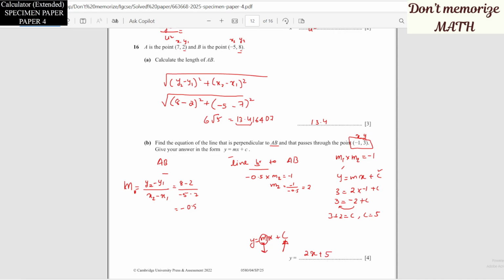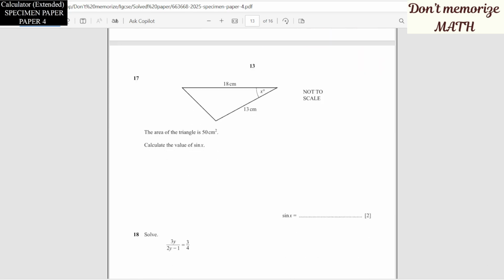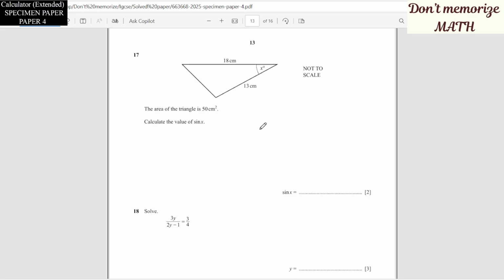Now we'll move to question number 17. The area of the triangle is 50 centimeter square. Calculate the value of sin x. To find the area of a triangle, we have two formulas.